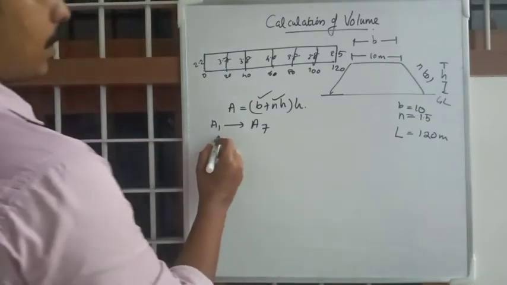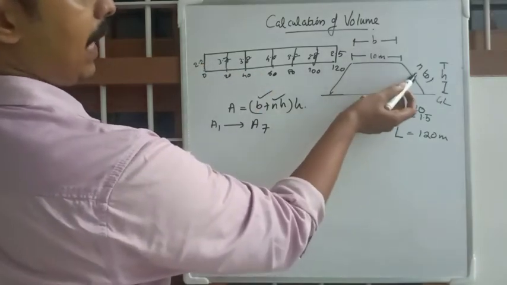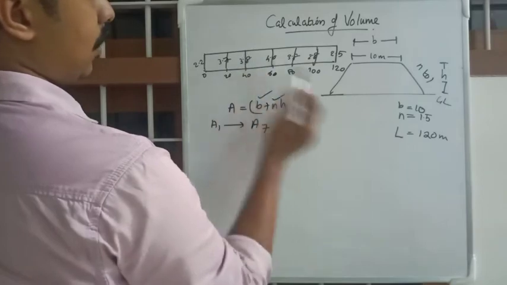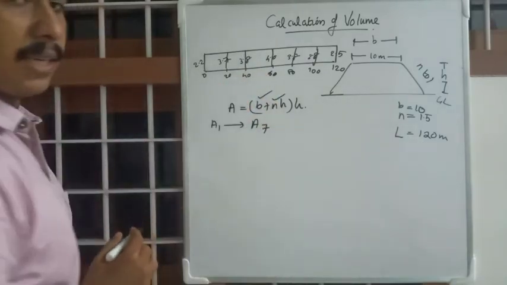For each of the sections, B is same, N is same, total length we know, just H is different.